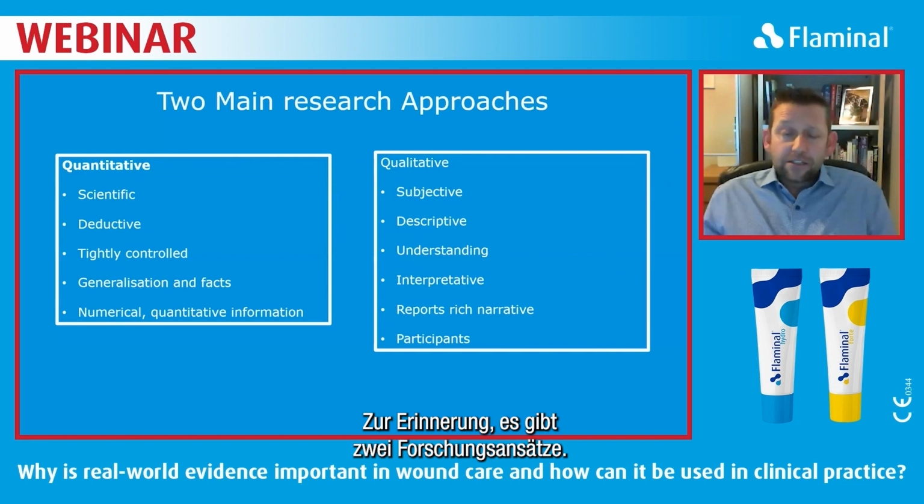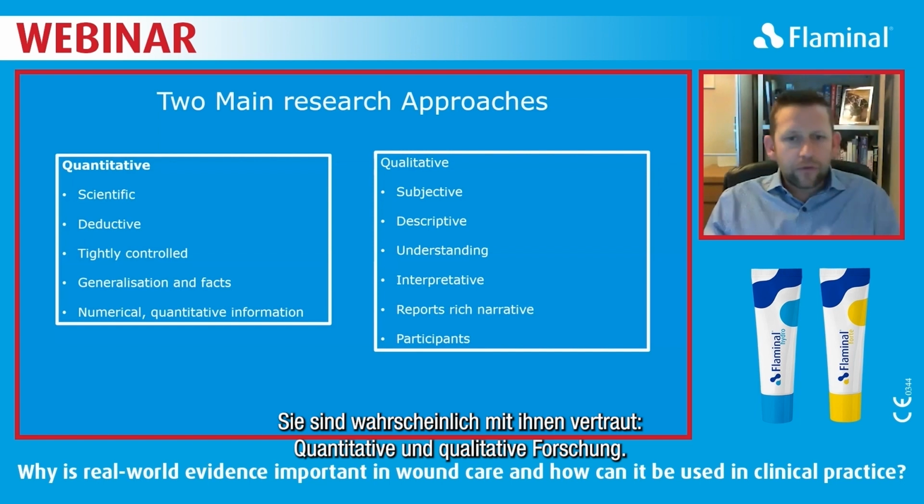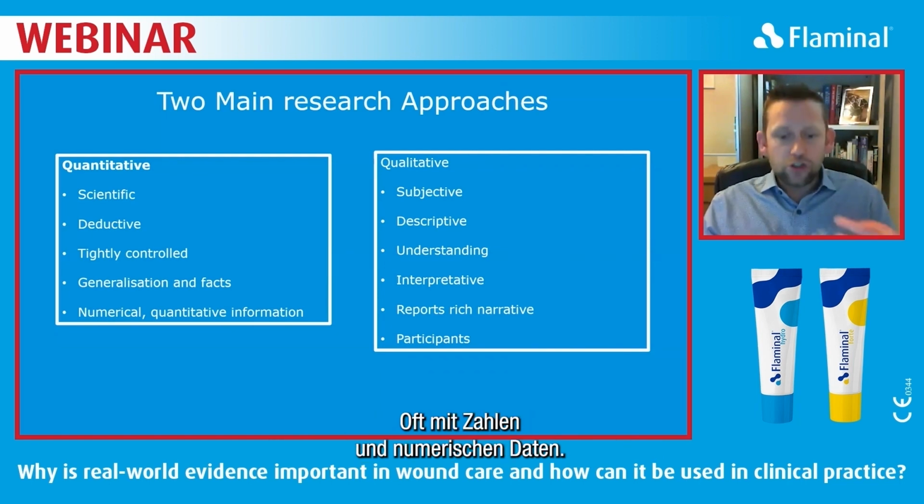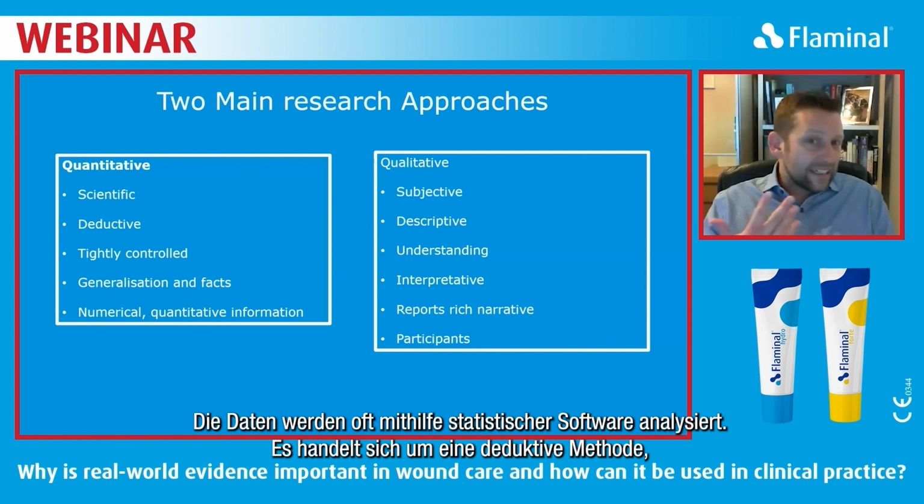So just as a reminder, we do have 2 main research approaches. You'll probably be familiar with these, and that's quantitative and qualitative. Quantitative, where we're looking much more at scientific data, often concerned with numerical data. It's often analysed through computer statistics packages.